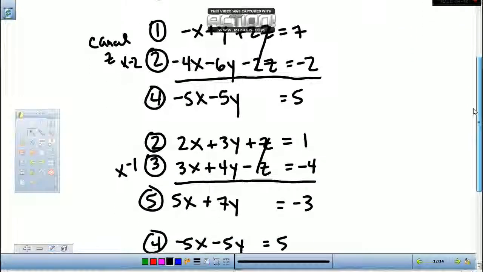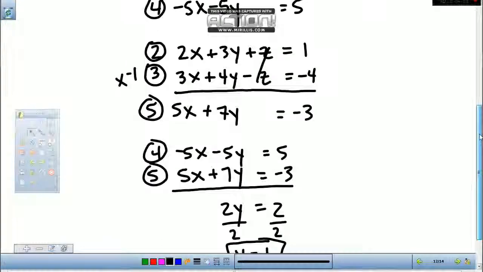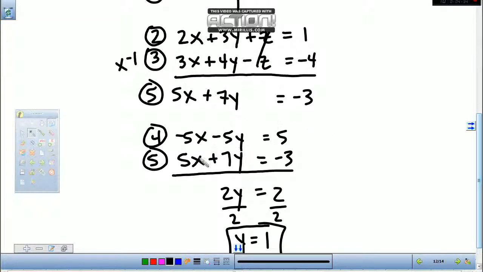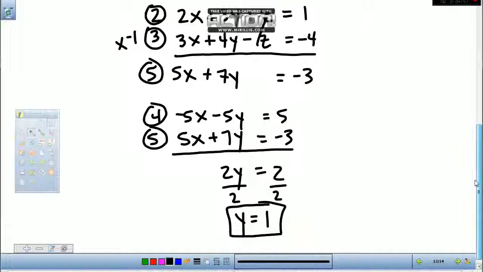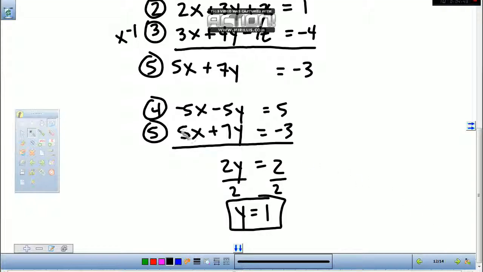So that's why we can choose 4 or 5 here, right? Because there's 2 variables, so plug it into one of those. And it doesn't matter which one, so I know which one you're going to pick. 5. Yes, 5, because you see that negative there probably, huh? So we're going to choose equation 5 to substitute 1 in for y.